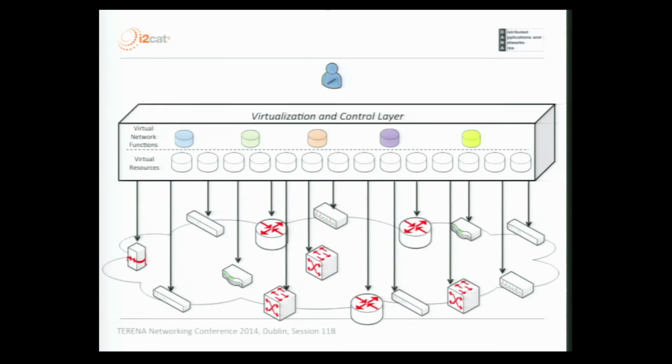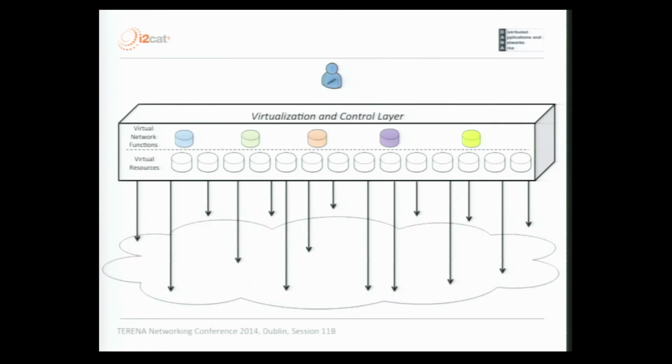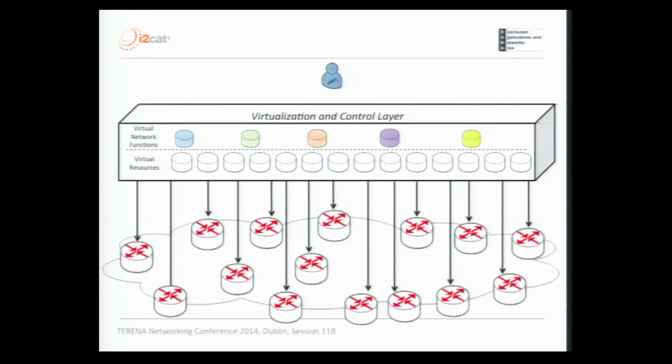We are saying, okay, these control and management functions can also be virtualized on top of these virtual infrastructures. And this is what nowadays is called network functions virtualization. So we are building virtual network functions, and the logic and the intelligence of the network devices is being extracted and inserted in the control layer.